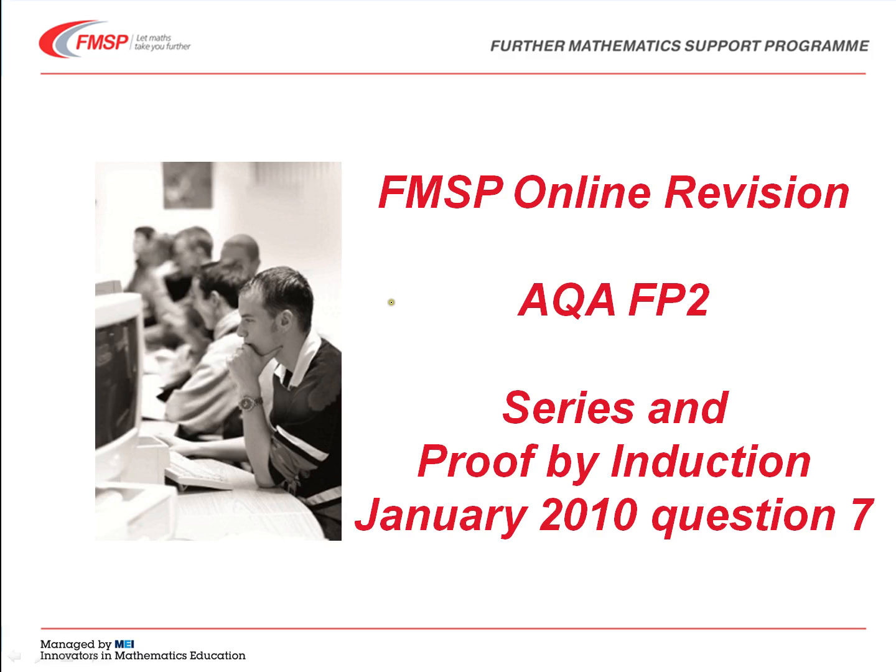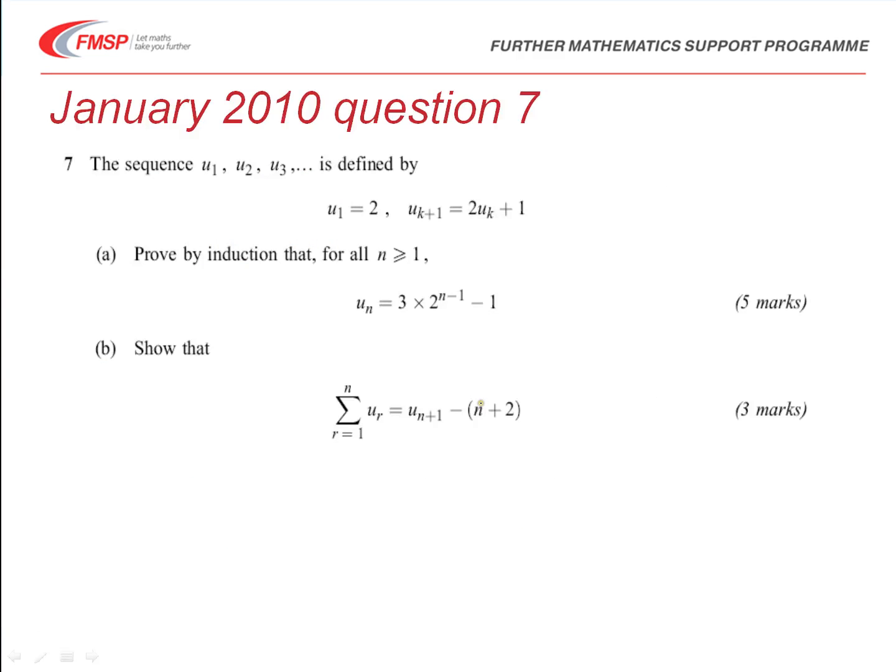In this session we're going to cover the January 2010 question 7, which covers series and proof by induction. As you can see in this question, a sequence is defined. Its first term is 2, and then each subsequent term is twice the previous term plus 1.